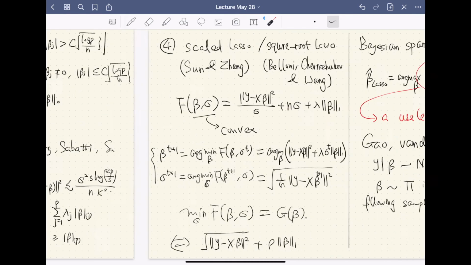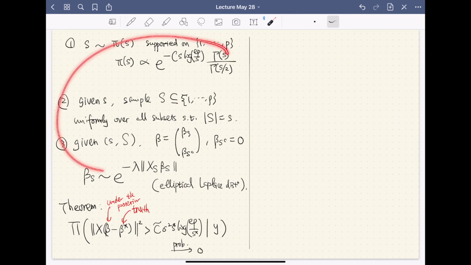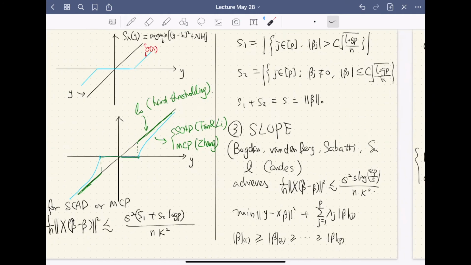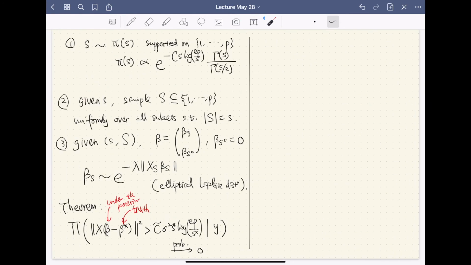And in fact, the method that we design here can be viewed as a Bayesian counterpart of the complexity penalized method introduced by Birgé and Massart, right? So if you remember the L0 method by Birgé and Massart, what they did is to use s log(ep/s) as their penalty to achieve the optimal minimax rate.